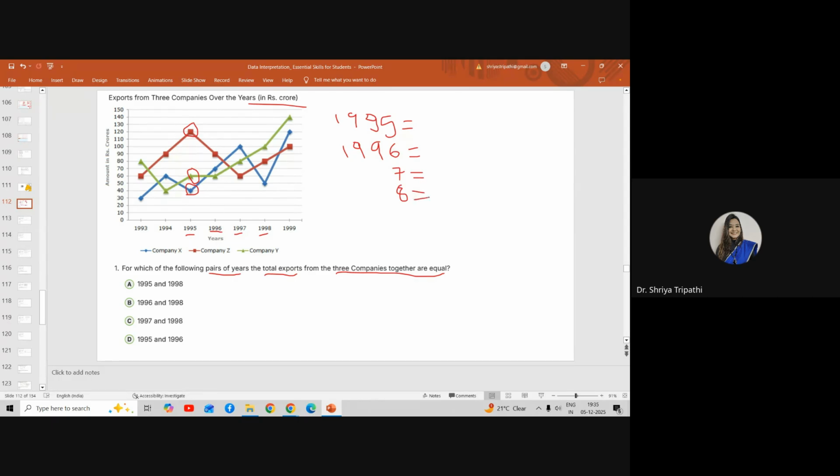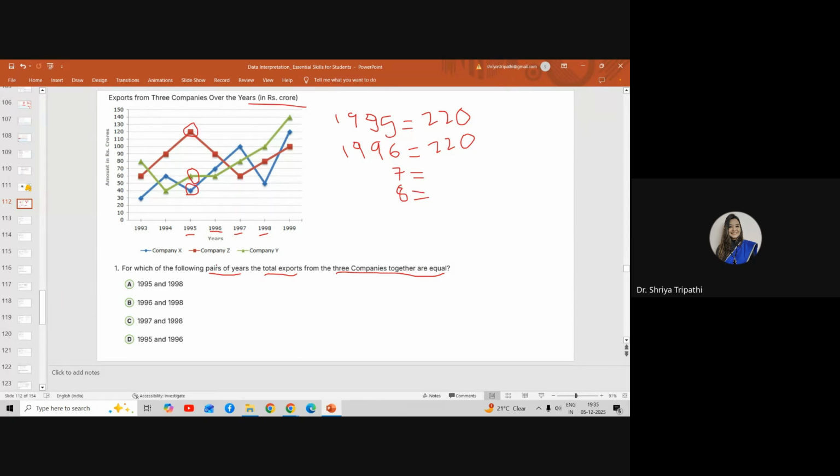What's the total of 1995? Anyone? 30 plus... Ma'am, 220. 1995, 220. 1996, same 220. Got the answer? We will not even calculate for 7 and 8.